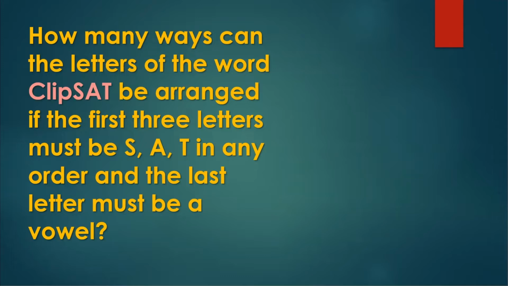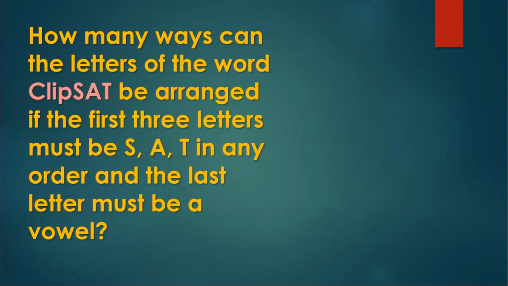How many ways can the letters of the word ClipSat be arranged if the first 3 letters must be S, A, and T in any order, and the last letter must be a vowel, sorry, a vowel.